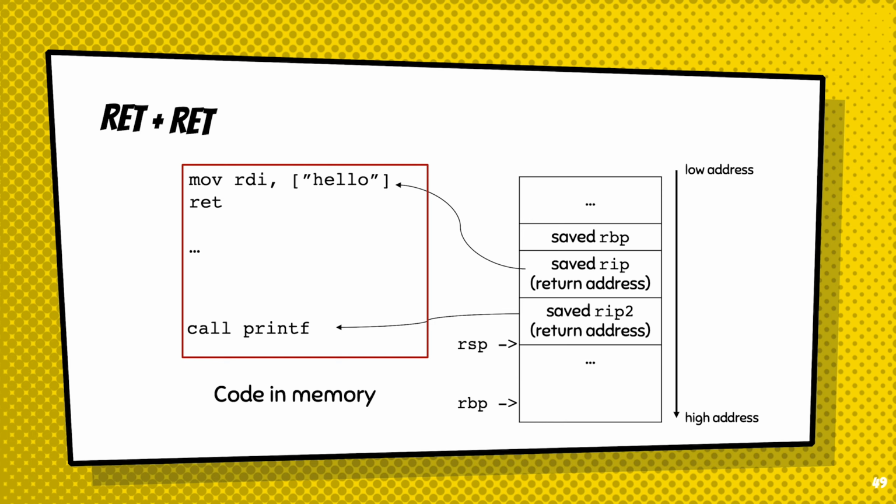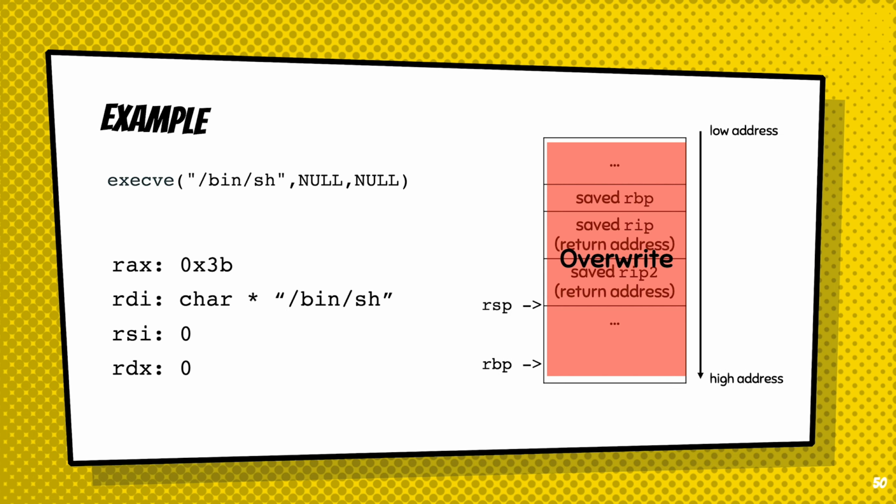And if the second RIP address points to the function that we're interested in, that will be able to chain these two places of code together, and we call this a ROP chain. In a ROP chain, each component that is connected with the other is called a ROP gadget.